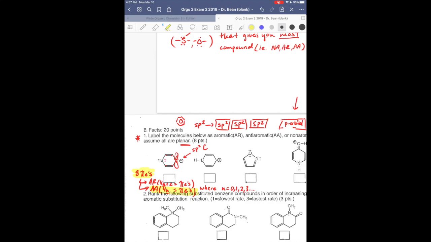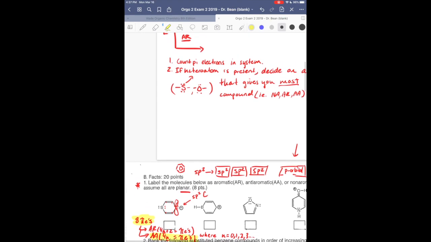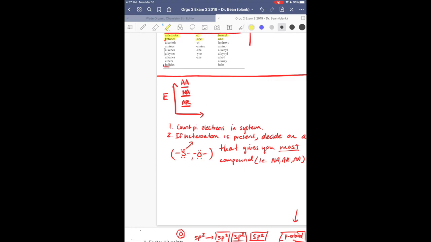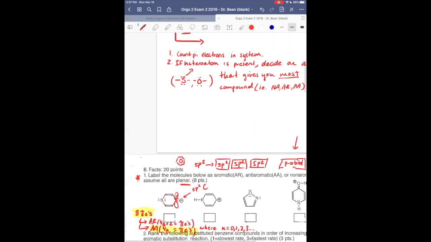So let's go back to our energy diagram, which shows the relative stabilities of these 3 different options. Anti-aromatic, where is that on here? It's the highest energy, or the least stable.